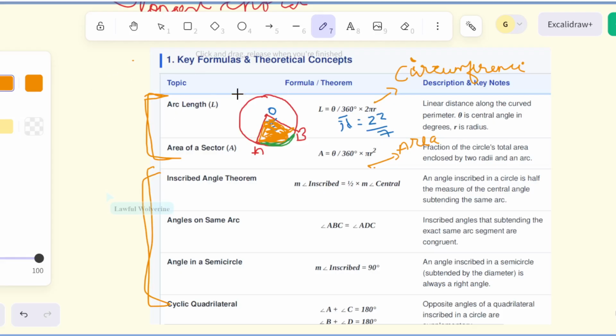Let me know once you're done so that I can take some questions on arc length and area of a sector.